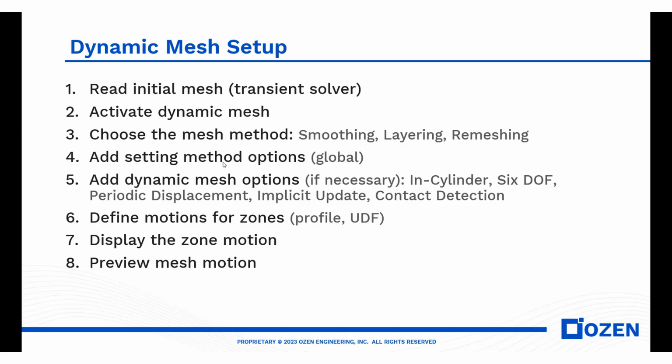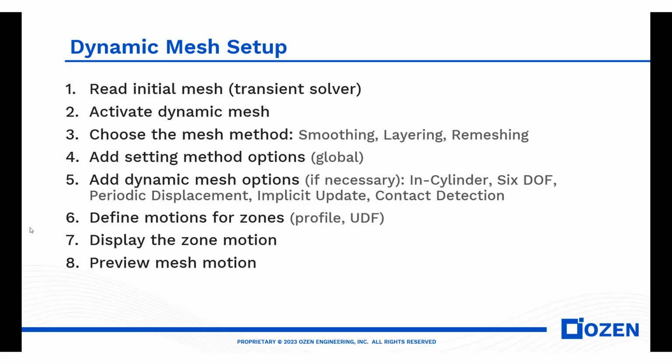We can also add global settings and options for the dynamic mesh method, and then we need to assign the mesh motion to the moving zones, usually using a profile or UDF.